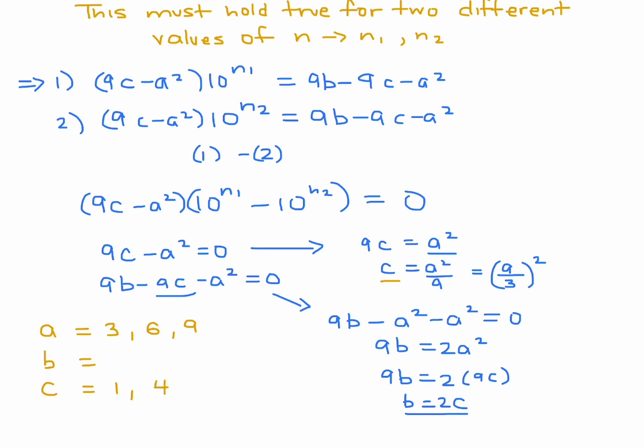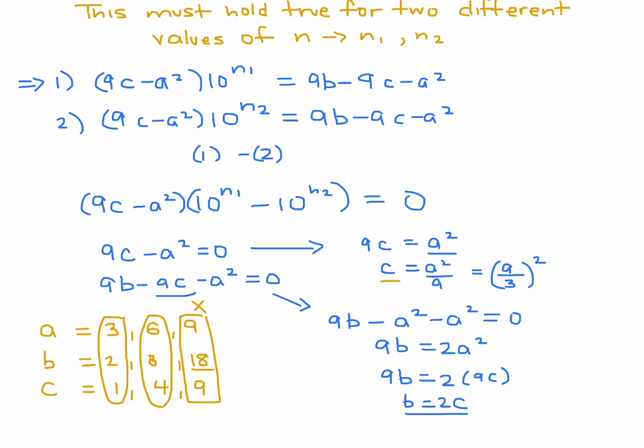And if a was 9, c would be 9 also. Okay, now let's figure out the corresponding values of b using that formula. b is just 2 times c, so 2, 8, and 18. Well, this one is invalid because b has to be a digit, right? So this one here doesn't work. So I guess the only ones that work are that ordered triple and that ordered triple.